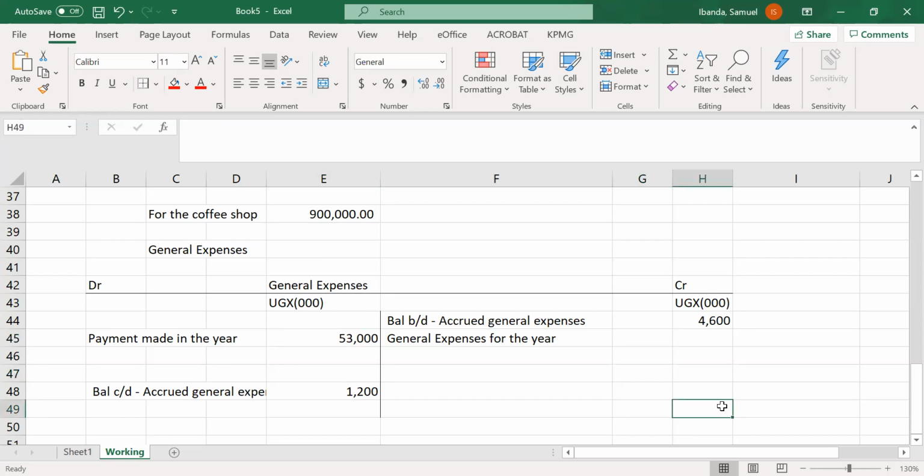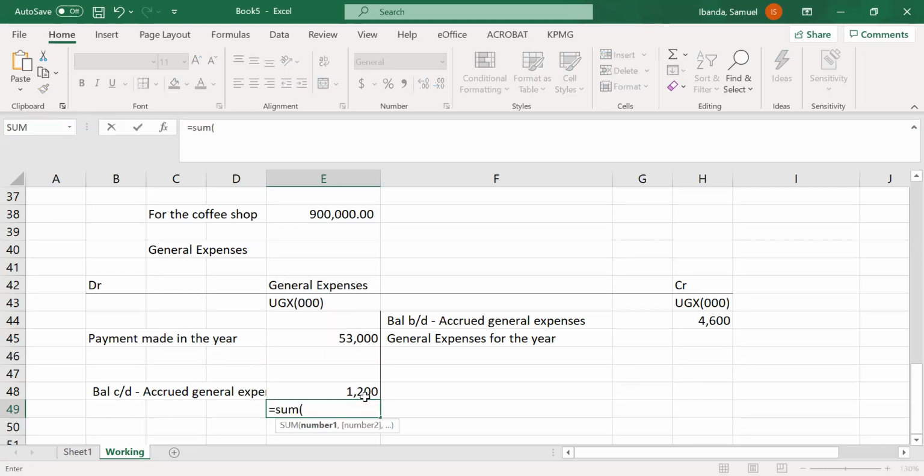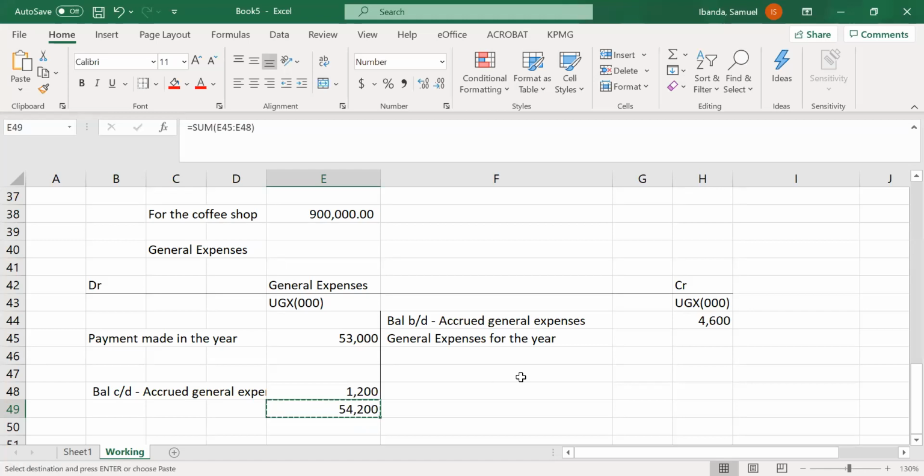So after I've done that, I'm going to ask myself, do I have anything else that relates to this item? No. So if not, I'm going to add. This side gives me 54,200. This side also should give me the same value.